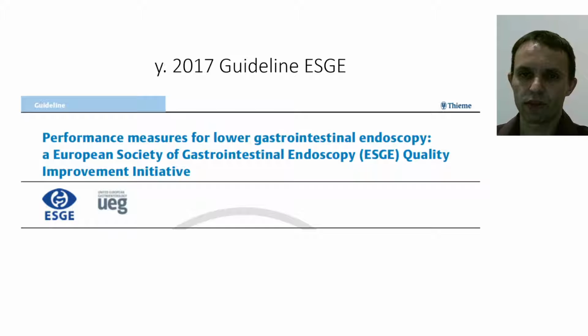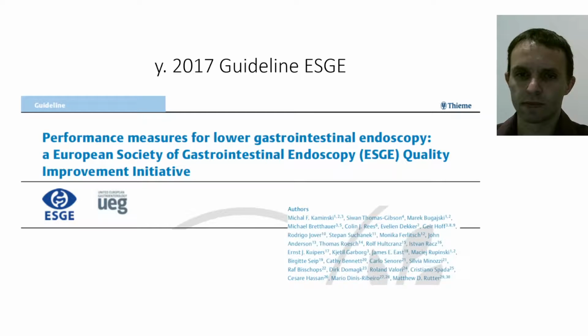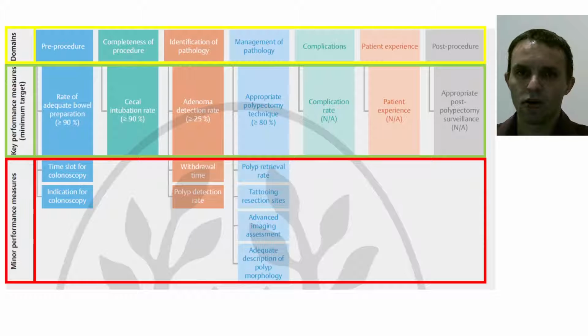As a frame for this talk, I would like to use the beautiful guideline published by the European Society of Gastrointestinal Endoscopy in 2017. The guideline authors divide the pericolonoscopic period into 7 domains, where each domain has one key performance measure and may have a few minor performance measures.